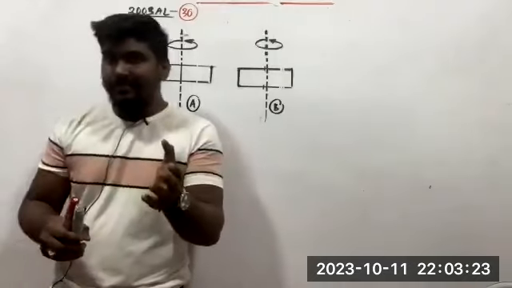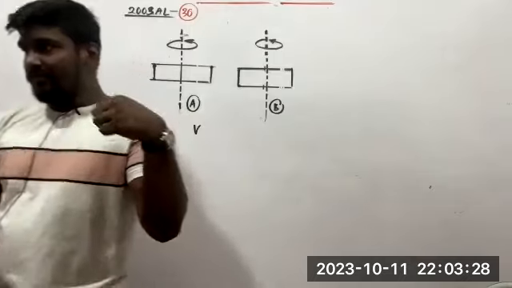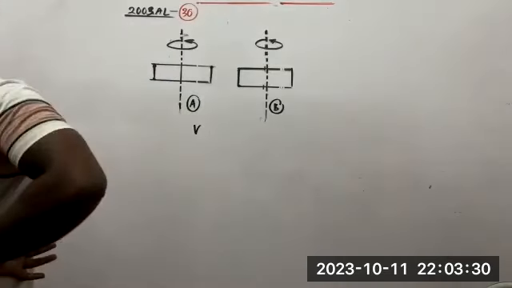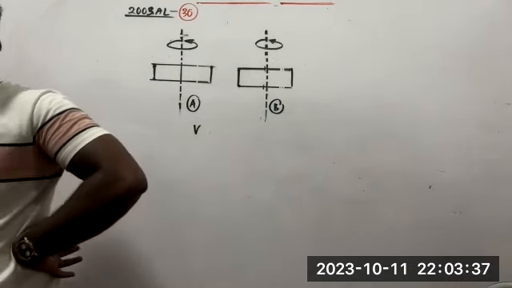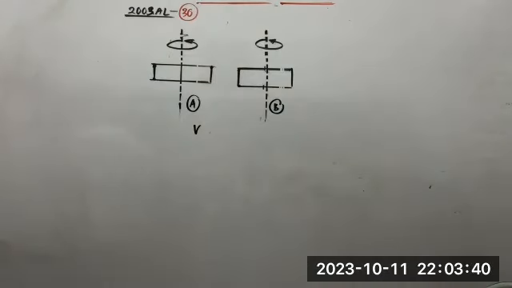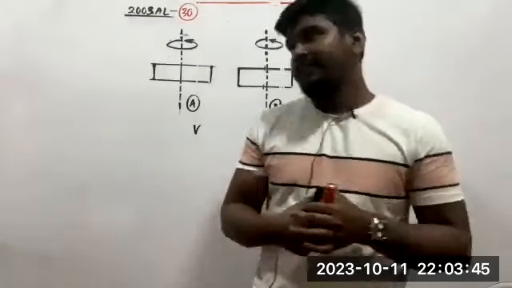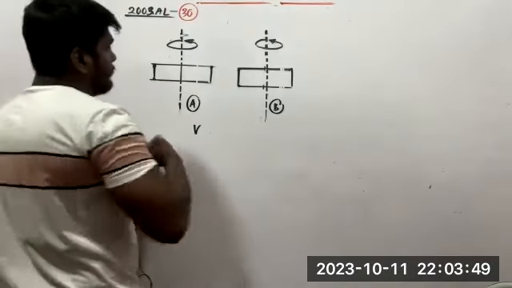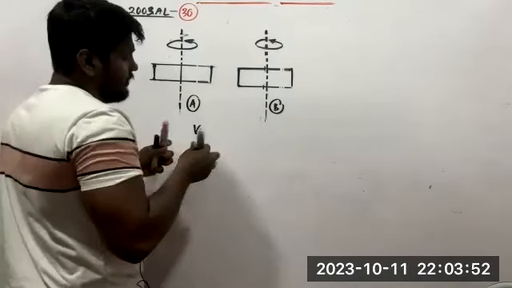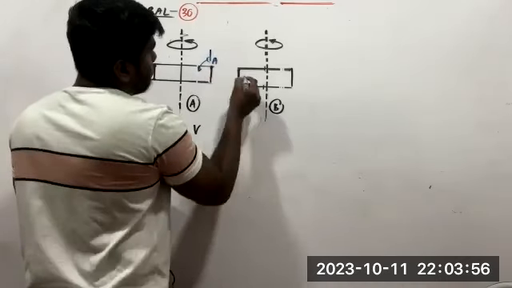Their densities are different. Density of capital A is dA. Density of capital B is dB.